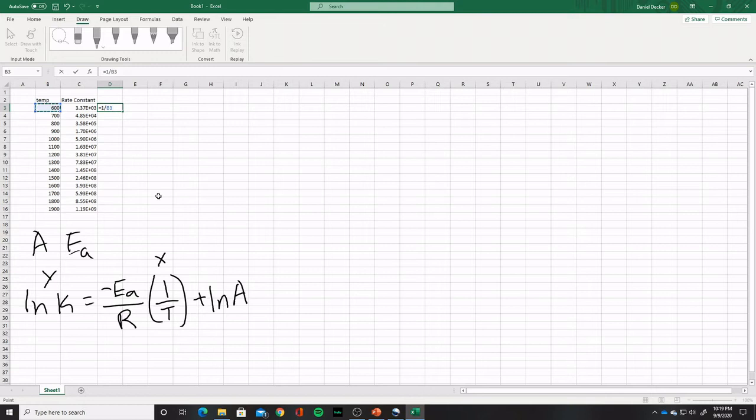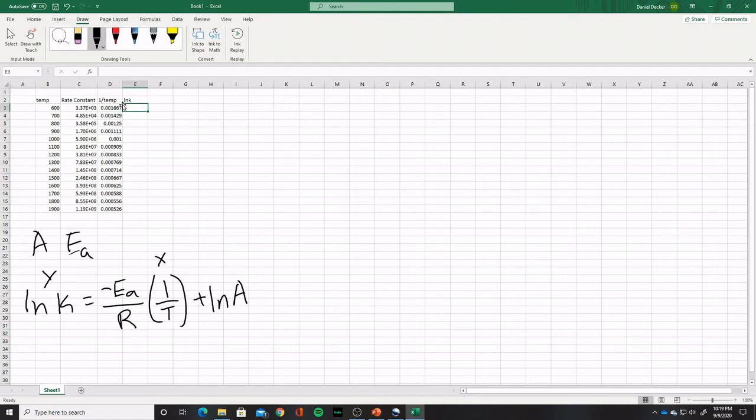So just like in the previous video, I'm doing equal sign, 1 divided by that cell gives me 1 over the temperature. And then for my y values, I want the natural log of k.